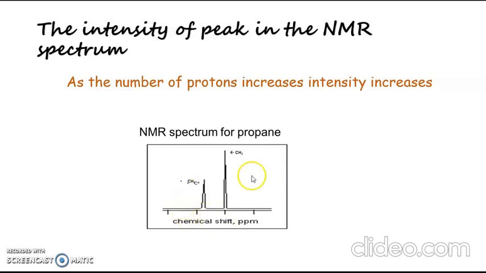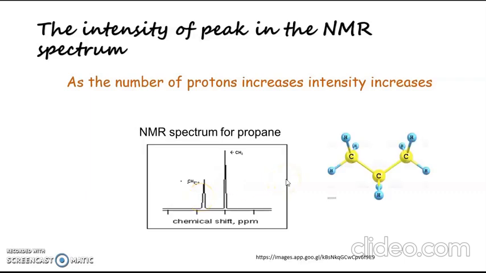Propane has 2 different kinds of protons, methyl protons and methylene protons, and we saw in the previous slide that they give 2 signals.